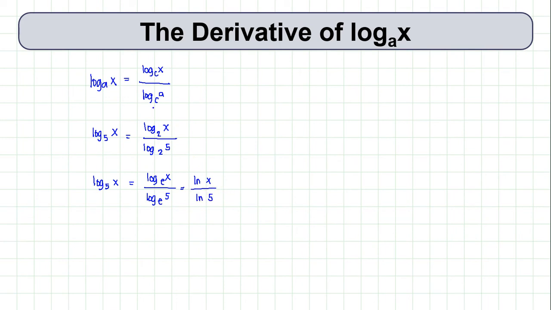So with this, meron tayong logarithm of x to the base a, pwede palang maging ln yan. Alam na natin yung formula ng pagkuha ng derivative ng ln. And of course, yung nasa denominator naman ay constant lang yan kasi ln 5, log of any number, constant lang yan. So, pwede natin yan i-factor out. Di pa natin nasagot yung formula.